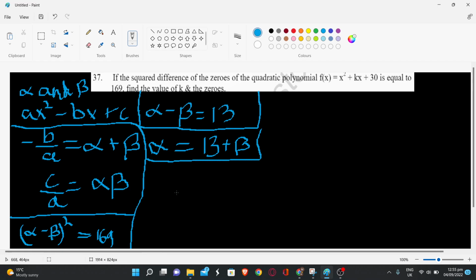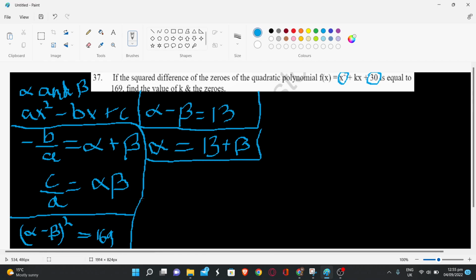Okay, so now that we know this, what else do we know? We don't have b here, so we can't find out what alpha plus beta is equal to. But we do know that c is equal to 30 and a is equal to 1.